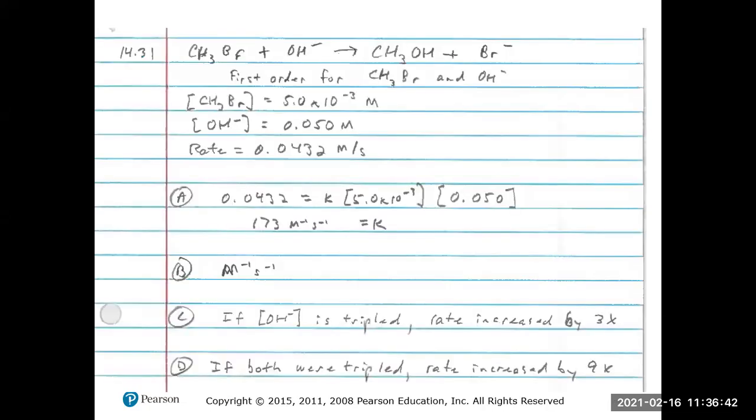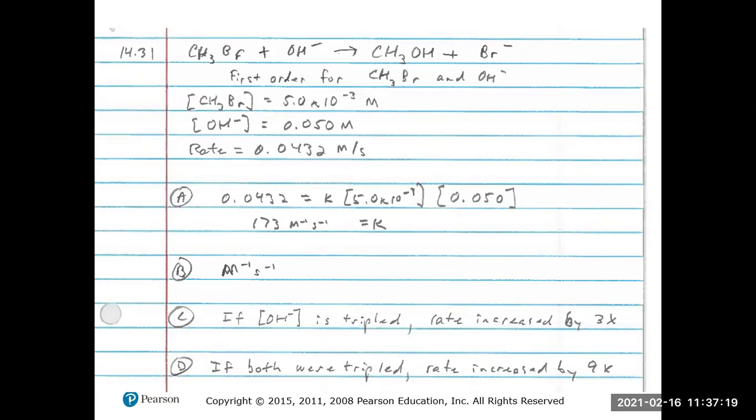So the first problem we'll take a look at is 14.31. We're given a reaction, CH3Br, methyl bromide, plus hydroxide, OH minus, to give us CH3OH, which is methanol, plus Br minus. We're told that the rate law for this reaction is first order with respect to both CH3Br and OH minus.